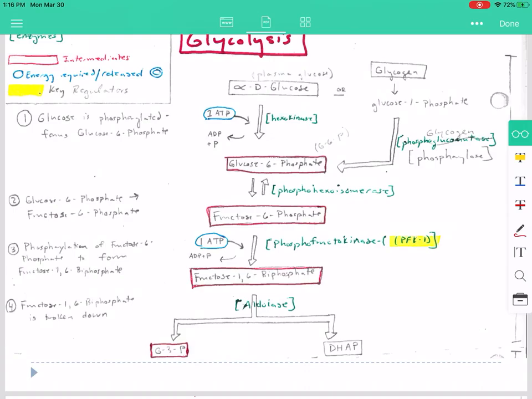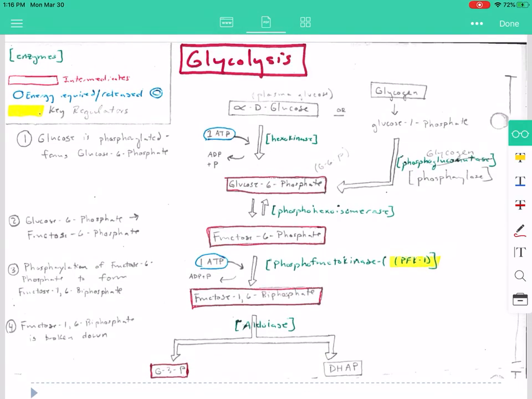Yes, there was a point in time, a summer and a half ago, where I had all this memorized. Yikes. But this just gives you an understanding about how complicated this really is. We're using a bunch of enzymes. The enzymes are in green brackets. You can see the energy required and released are circled in blue.